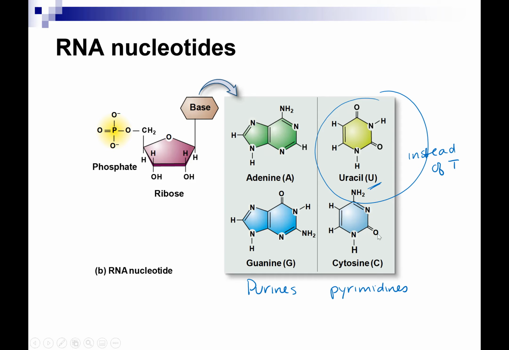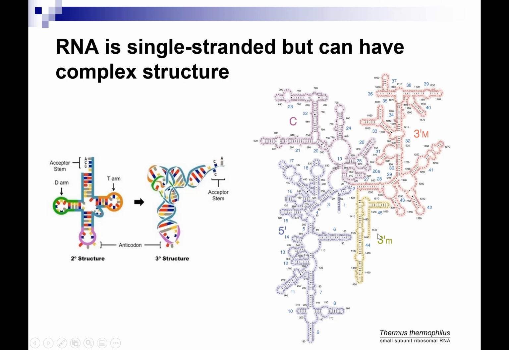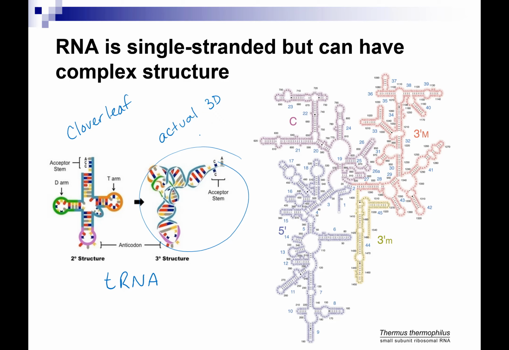So I said that RNA is a single-stranded molecule, but it can have very complex structures. So here are what tRNA molecules look like. Now we're going to draw them like this clover leaf because it's way easier to draw the clover leaf than to draw the actual 3D structure.